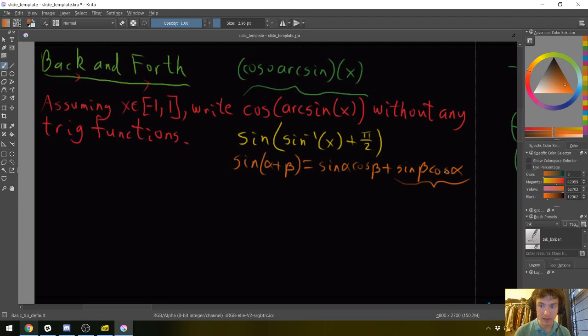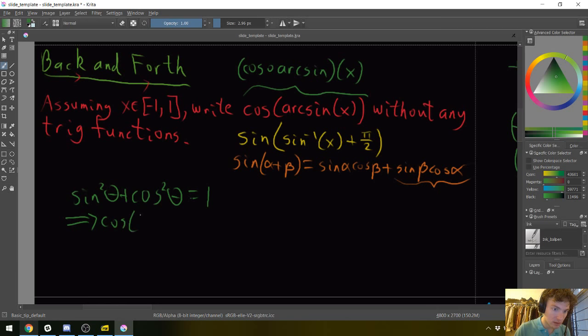What about sine squared theta plus cos squared theta is 1. What happens if I solve this equation for cosine? I believe in this case it would be... trying to remember how to word this.